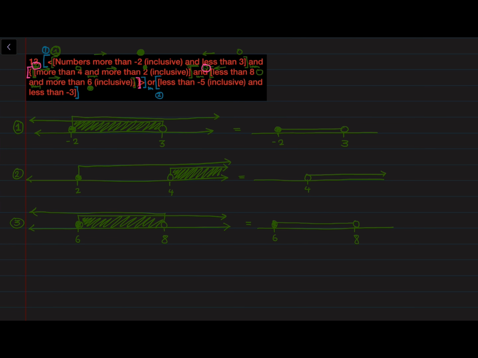Now, if we look carefully, we can see that number 2 over here and number 3 over here are connected by an AND operator. So we're looking for an overlap between these two intervals. So let's do that now. We're going to write 2 and 3. So let's put both of these intervals on the same number line.